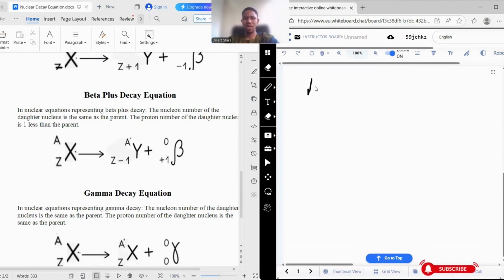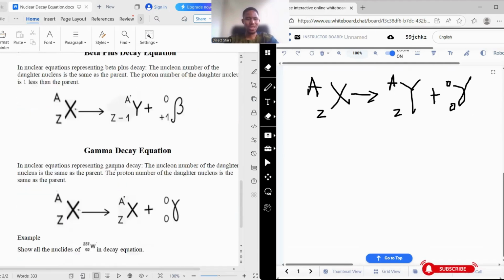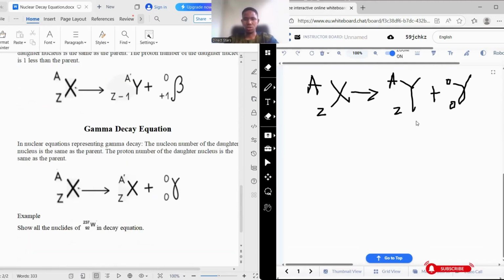When we have A, X, Z, the daughter nucleus will still remain the same mass number and the same proton number, but gamma decay has occurred there, which is 0 mass number and 0 proton number. It is electromagnetic waves.